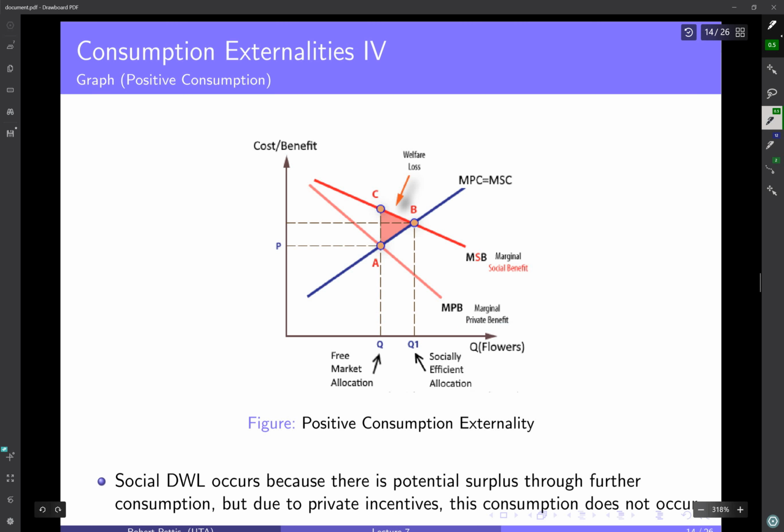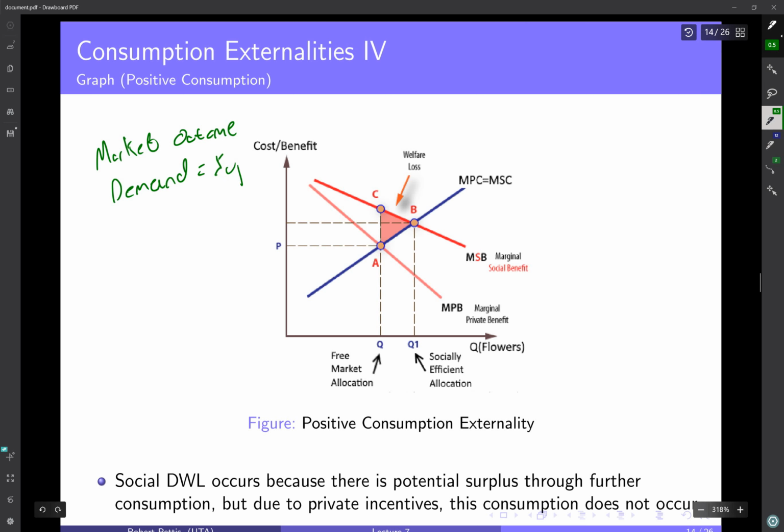So what does this mean? Well, first of all, let's find the same things that we've been finding for the other cases. First, let's find the market quantity, or the free market allocation. So again, the market outcome is where demand is equal to supply.